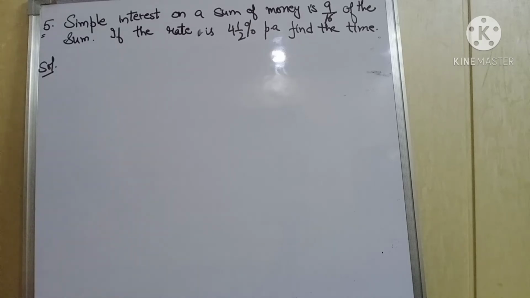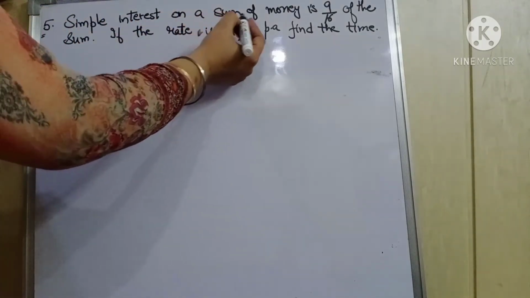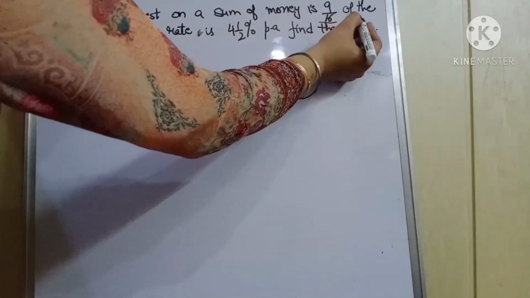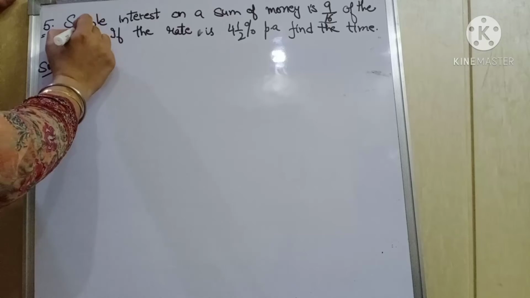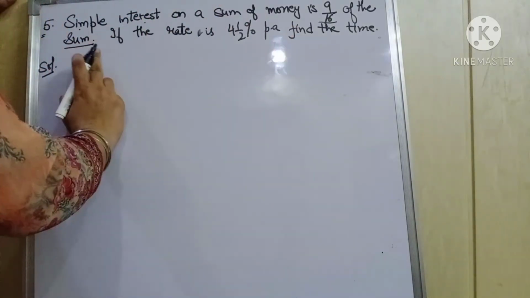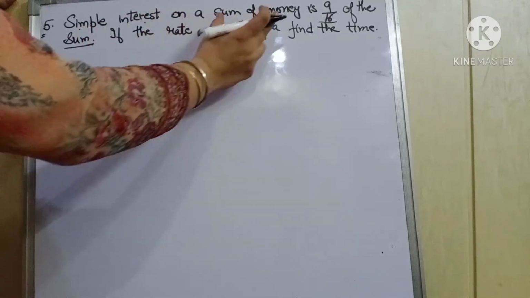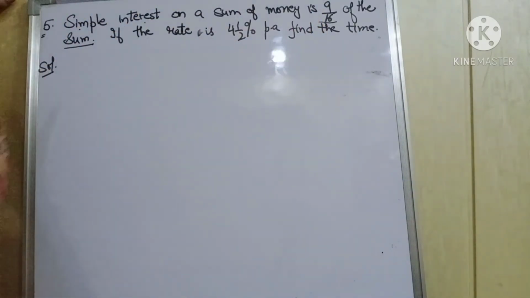Let us solve sum number 5. Simple interest on a sum of money is 9/16 of the sum. Try to understand the statement: simple interest on a sum of money. What they are saying is that simple interest on a given sum of money is 9/16th of that sum.